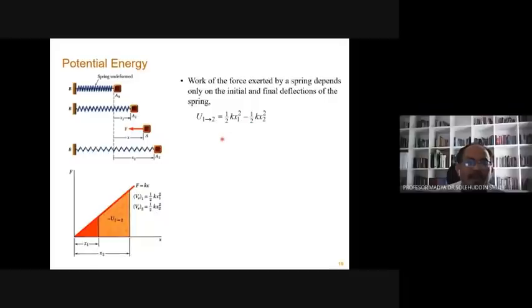So we have work done from 1 to 2 equal to half kx1 squared minus half kx2 squared.